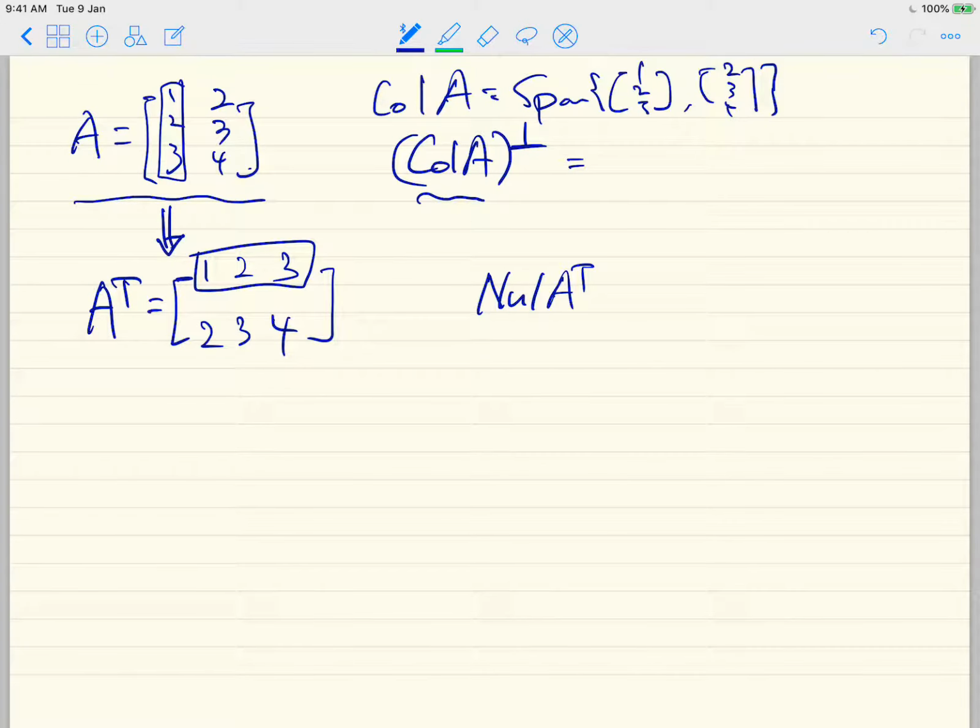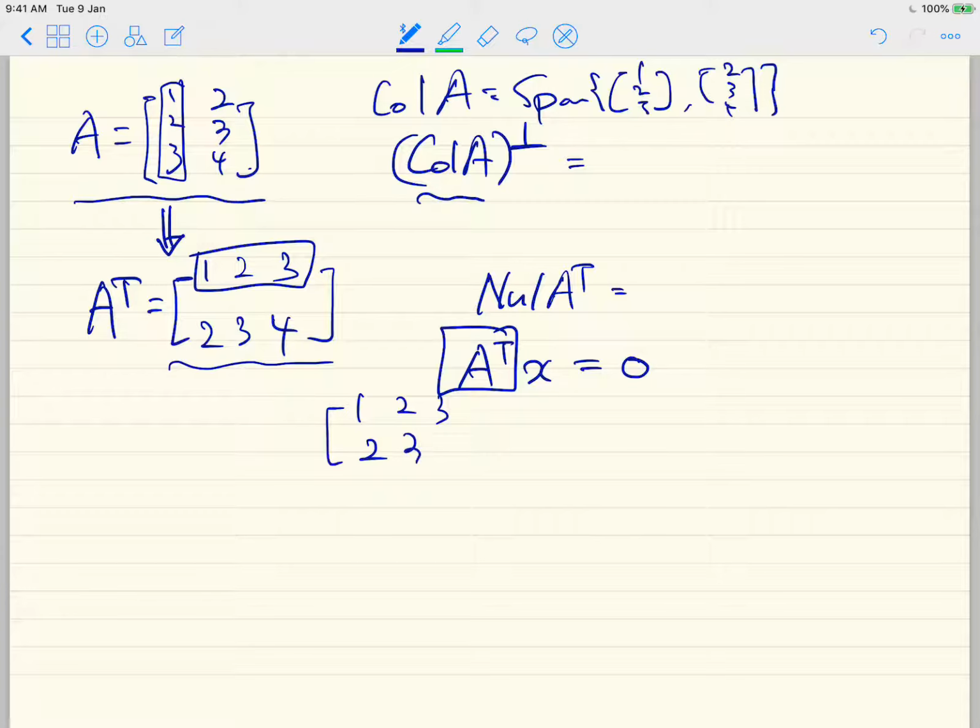We studied the null space. It's simply the set of all vectors x that satisfy A transpose x = 0, and A transpose is this, 1, 2, 3 and 2, 3, 4. First of all, what's the dimension of x? x is a three-dimensional vector, x1, x2, x3, and that should be all 0, right?